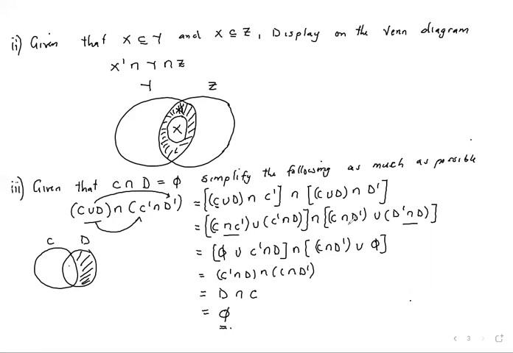Sir, how about, I don't know if that's too much of a shortcut, where there is a C complement intersection D complement, whereby you say it's empty, then you say C union... Where is it? Where is what here?